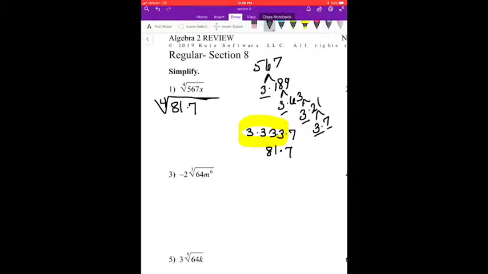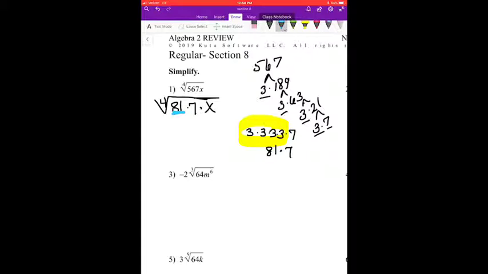Now, is x a perfect fourth? No. Can I rewrite it? No. There's only one x, right? I can't add more x's to it. All right. Anything that's a perfect fourth, I'm going to take the fourth root and put it on the outside. If I can't take the fourth root, then it stays under the radical. So can I take the fourth root of 81?